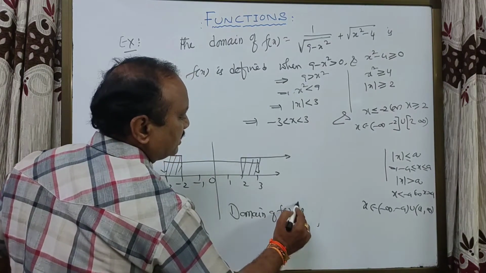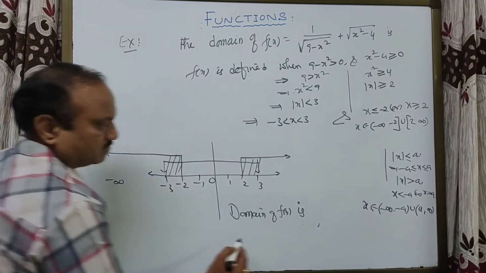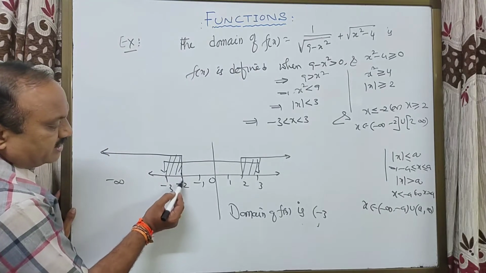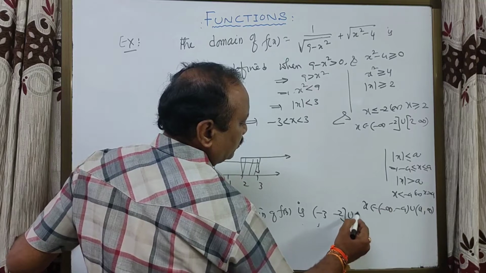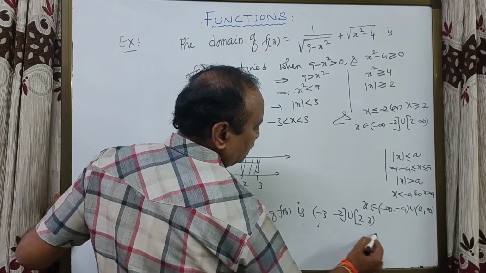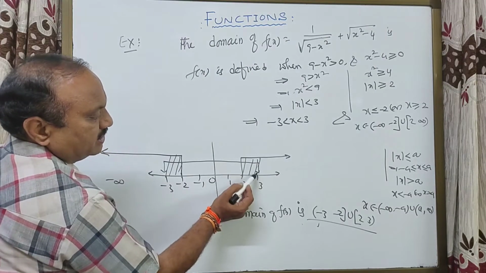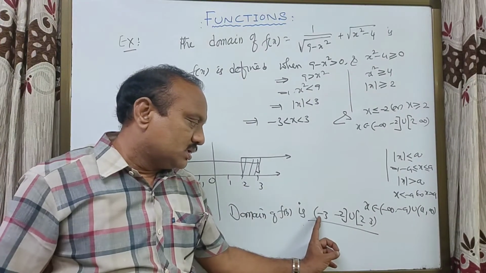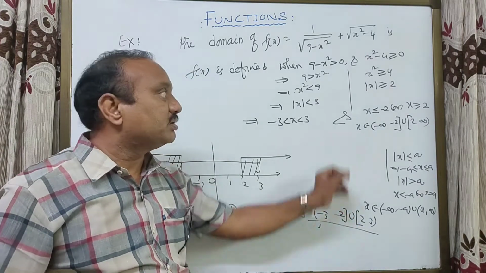Domain of f of x is the common portion: open minus 3 to minus 2 closed, including closed minus 2, union 2 to 3 closed at 2, open at 3, because here 3 is not joined, that means it is not included. So open minus 3 to minus 2 closed union 2 to 3. This is called the domain of this function.